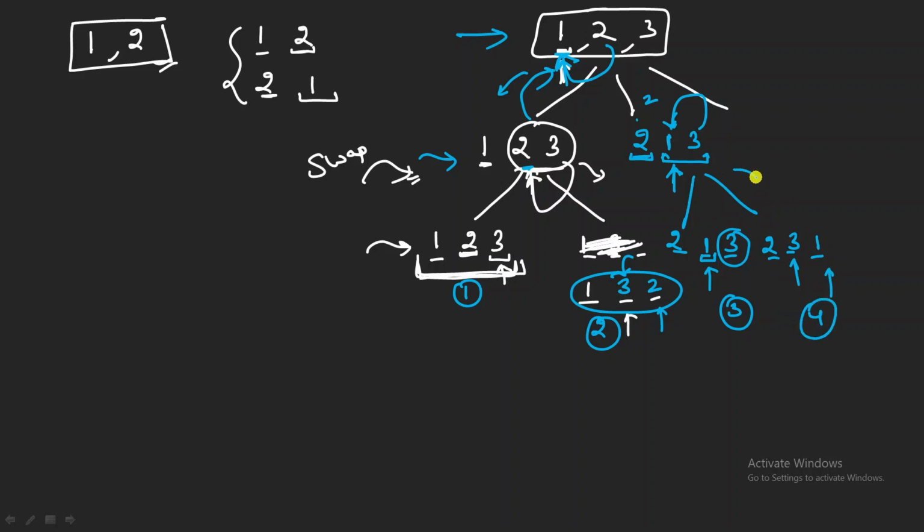Now we'll go again here, then again here. In this direction 1 was fixed, in this direction 2 came at this position. Now in this direction we will say 3 can also come here. We can keep 3. So basically in this direction 3 and 1 are swapped and 2 is as such.